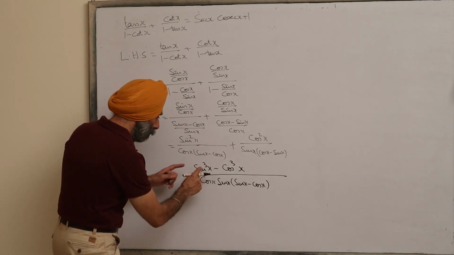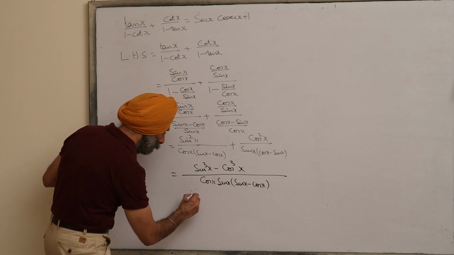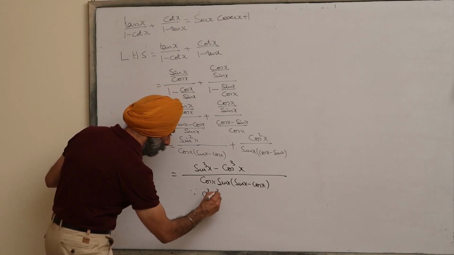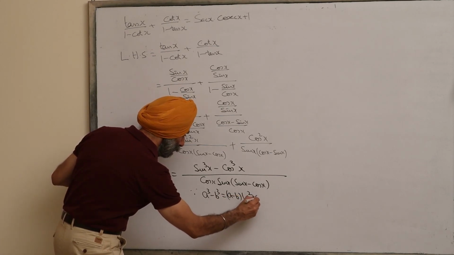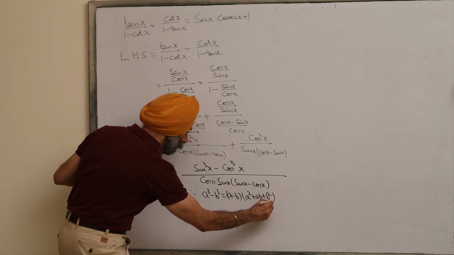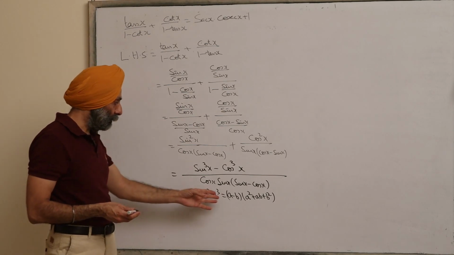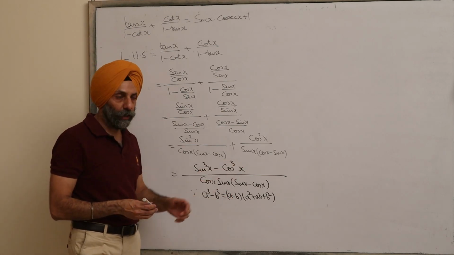Now it is of the form a^3 minus b^3, because a^3 minus b^3 is equal to (a minus b) into (a^2 plus ab plus b^2). So of course we are going to use this formula here.